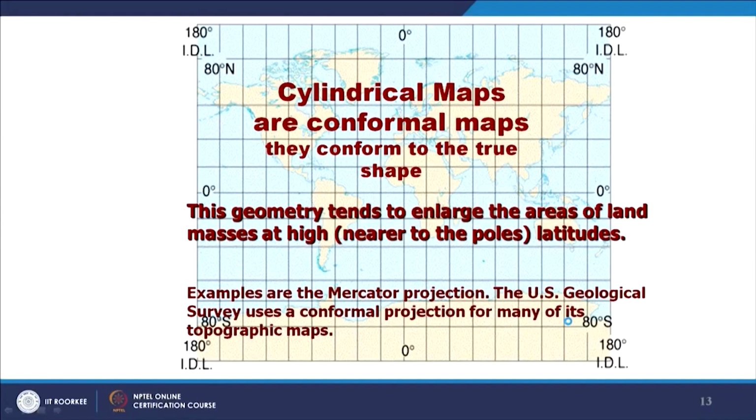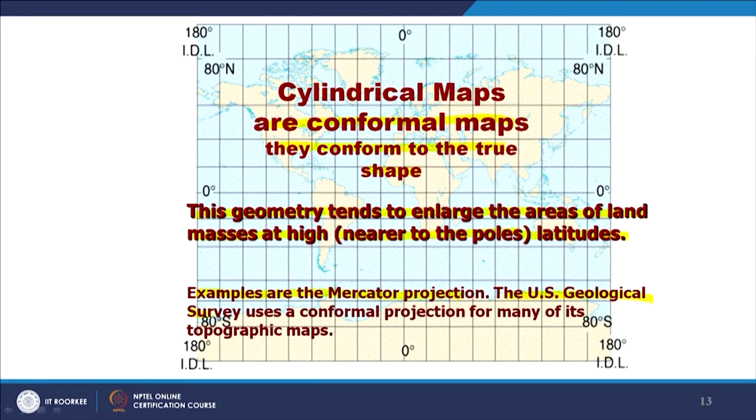So, cylindrical maps are conformal maps, and they conform to the true shape. Only this geometry tends to enlarge the area of land masses at high latitudes, near the poles, as you are seeing. Examples are Mercator projection.